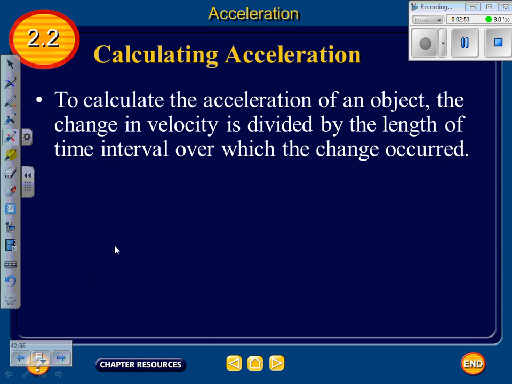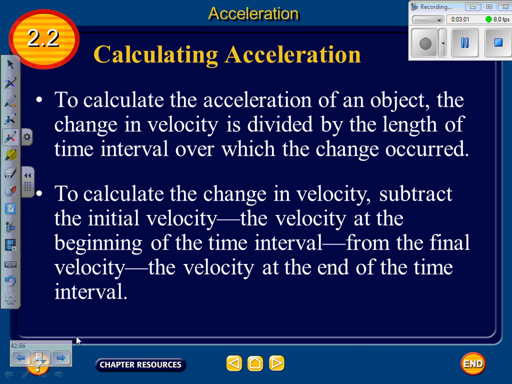To calculate acceleration of an object, the change in velocity is divided by the length of the time interval over which the change occurred. To calculate the change in velocity, subtract the initial velocity, the velocity at the beginning of the time interval, from the final velocity, the velocity at the end of the time interval.